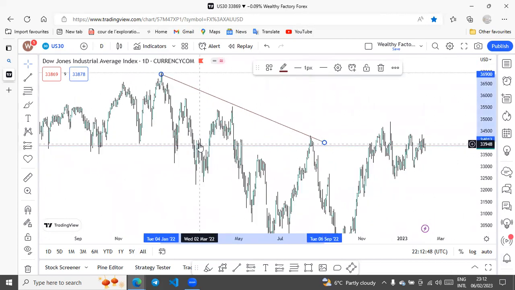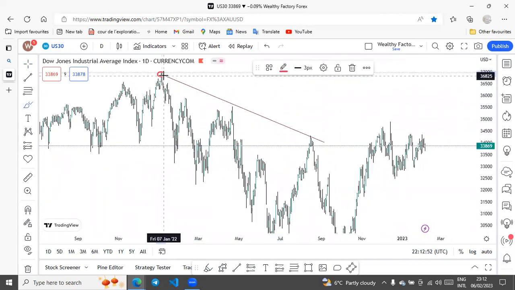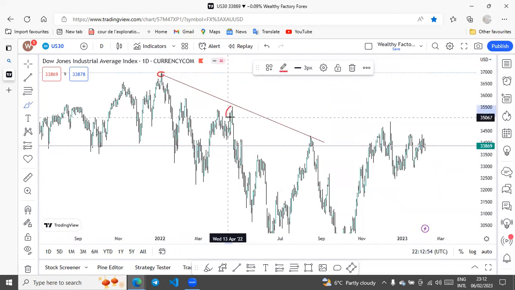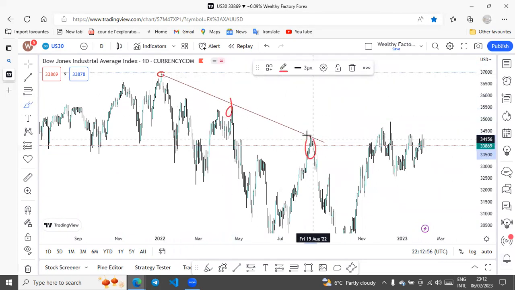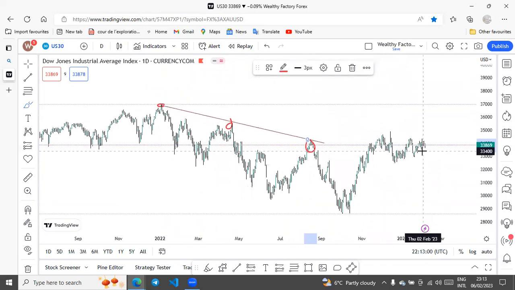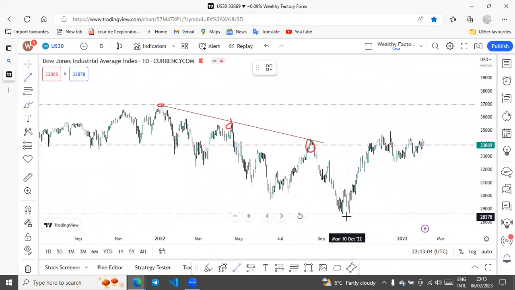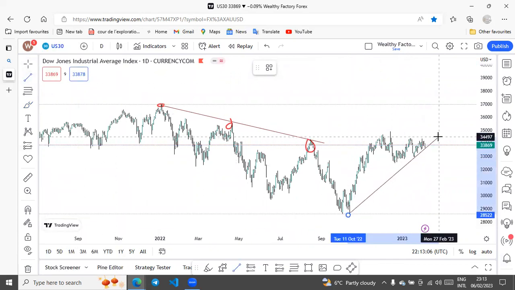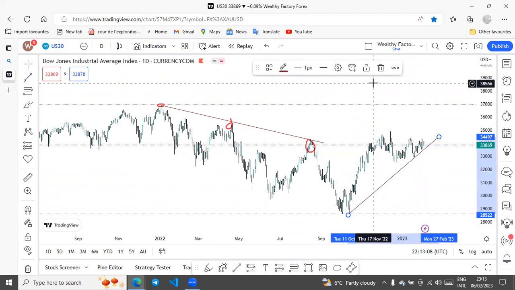I'm going to be touching these outermost points, this one here, that one there, that one there. Then when the market is going up like here, what am I going to do? I'm going to draw my trend line like that.